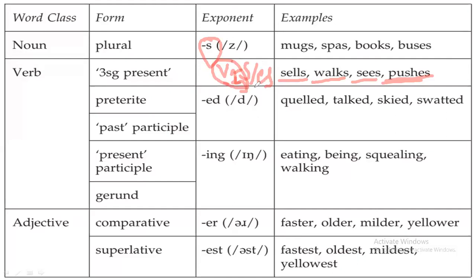Exponents mean here some alphabet and sound for that. Simply, it's not a difficult thing. By exponent we refer only to some alphabet that represents the change, the inflection, and what pronunciation. You can see the pronunciation.